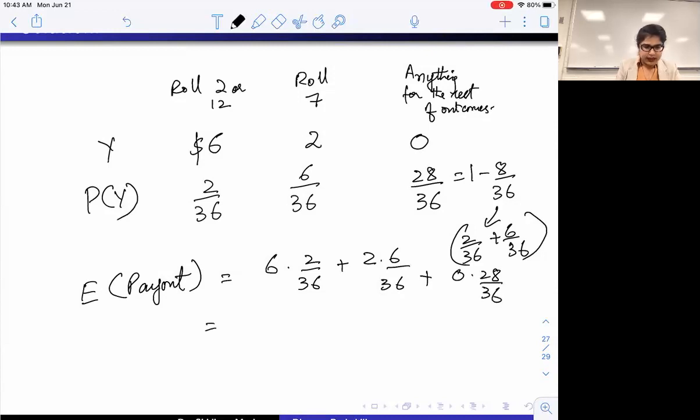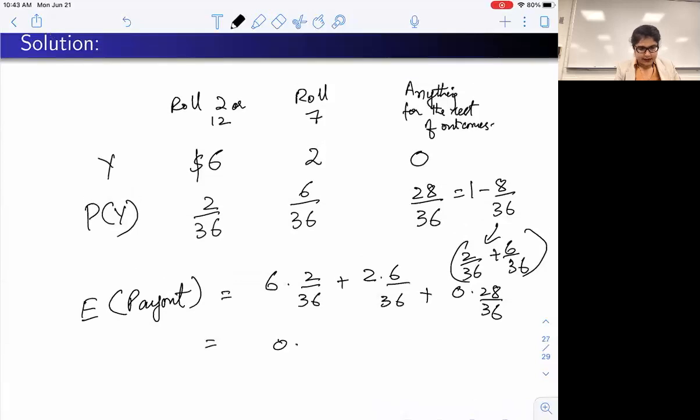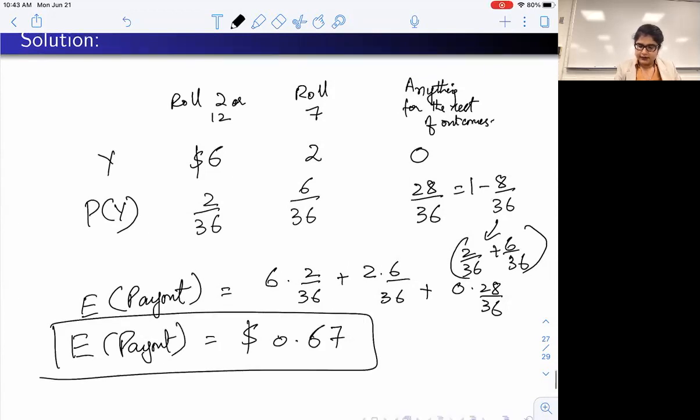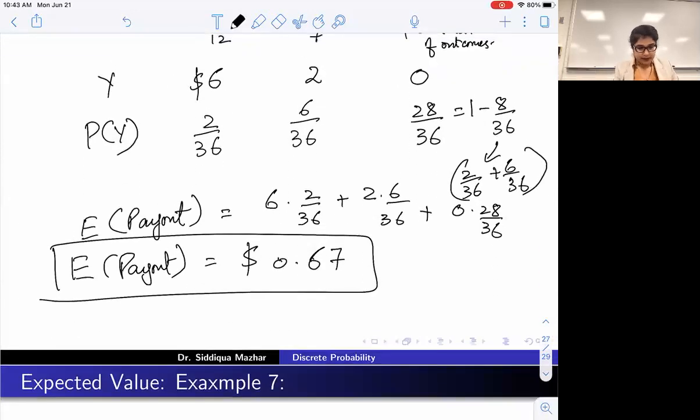So now you have to calculate. If you calculate it, I have the answer, which is 0.67, I think. So this is the expected payout on average that the gambling team is going to pay the players. But what will be the profit for you?